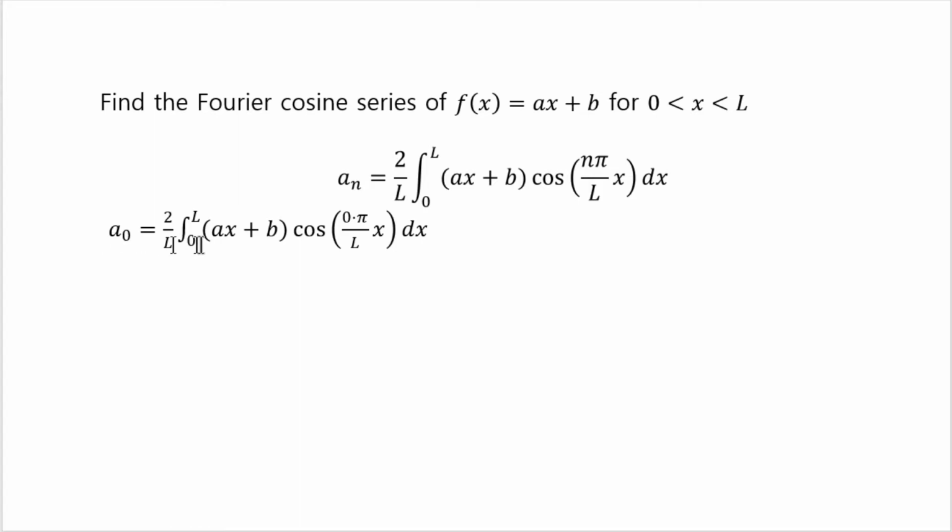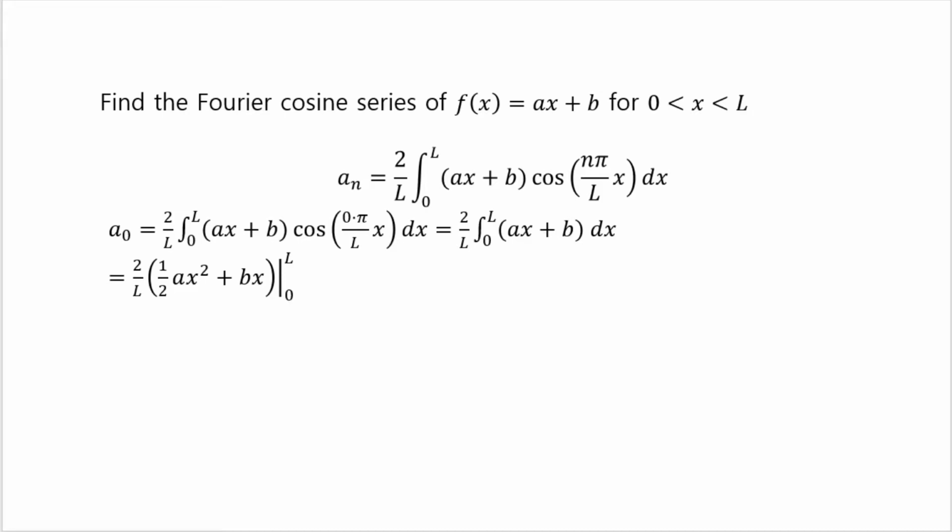So first a0, n is 0, so you plug in 0 into n, and you get cosine of 0. But what is cosine of 0? That's just 1, right? So you have just the integral of ax plus b, whose integration is easy. It's 1/2 x squared. X integrates to 1/2 x squared. Then b, which is a constant, it's bx. And then you plug in L and 0.